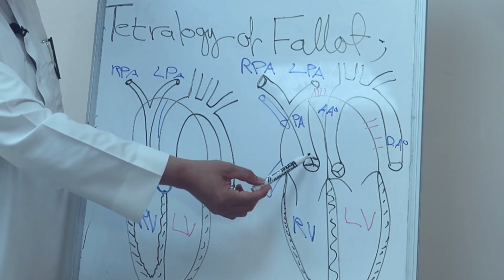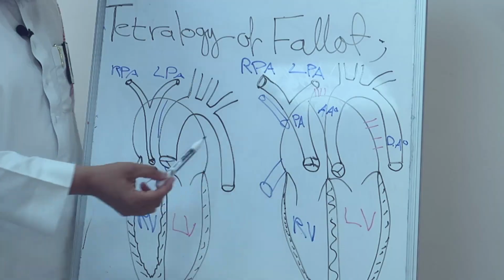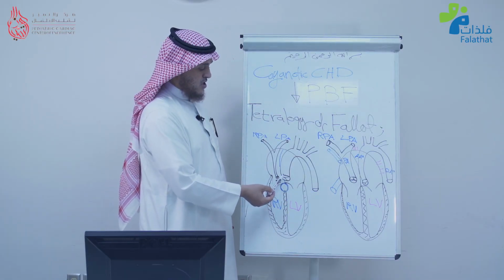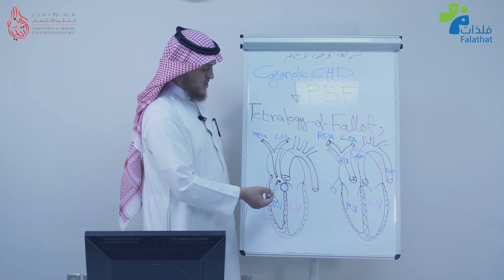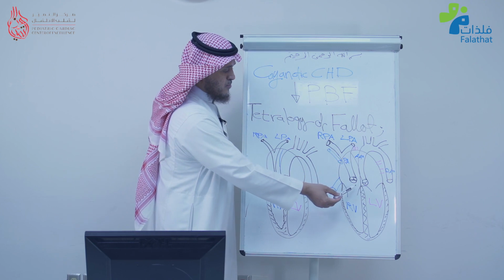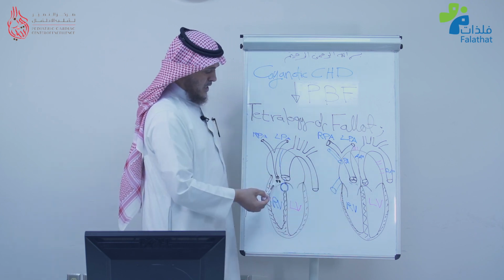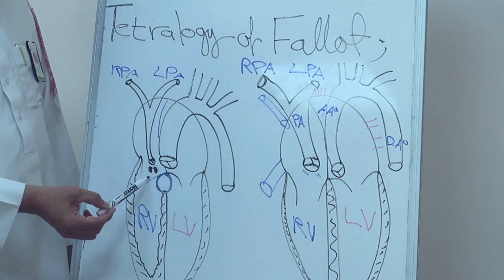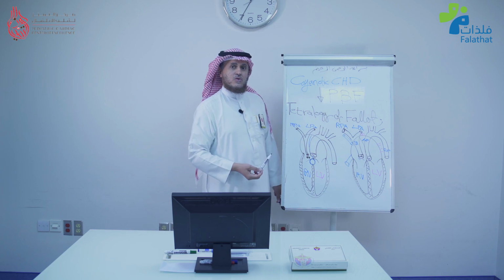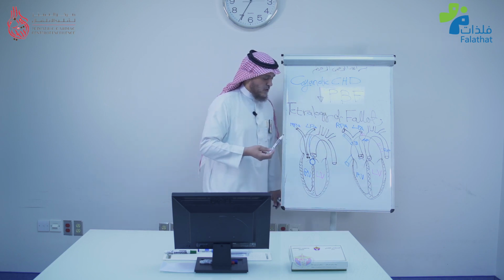This is the pulmonary valve. It's almost equal to the aortic valve. Look at here how the pulmonary valve is much smaller and the aortic valve is actually larger because it is carrying more cardiac output. Look at here, the sub area is clean. There is no muscle. And look at here, we have this big chunk of muscle narrowing the entrance to the pulmonary valve. So this is number 2 criteria in Tetralogy of Fallot.